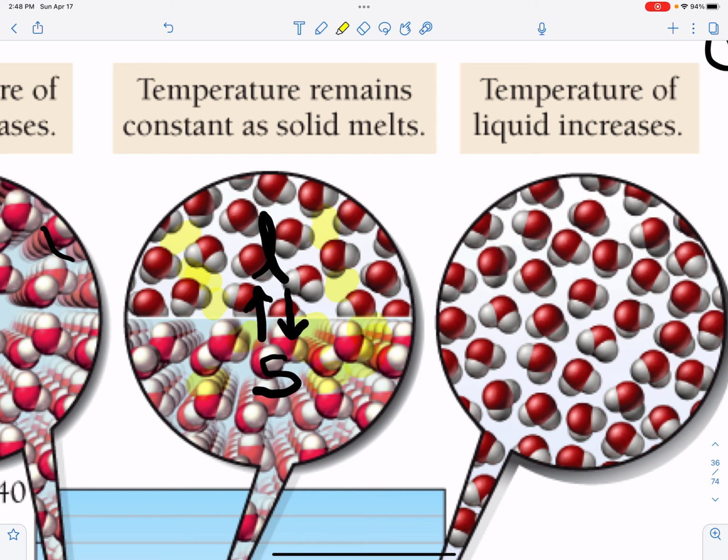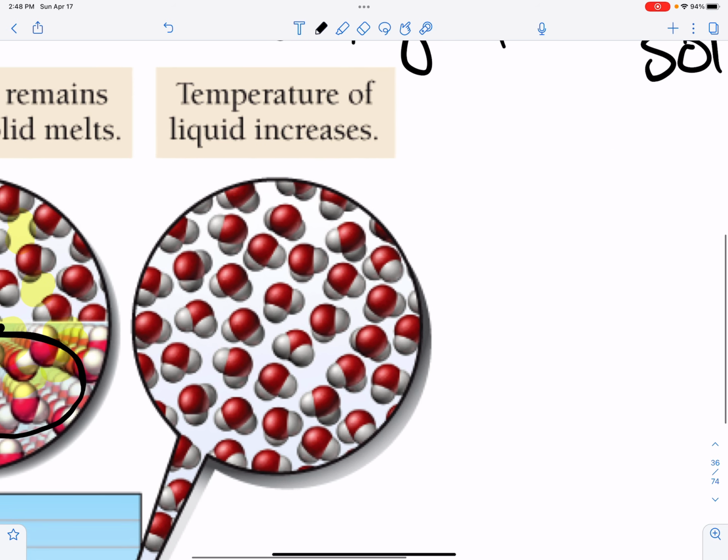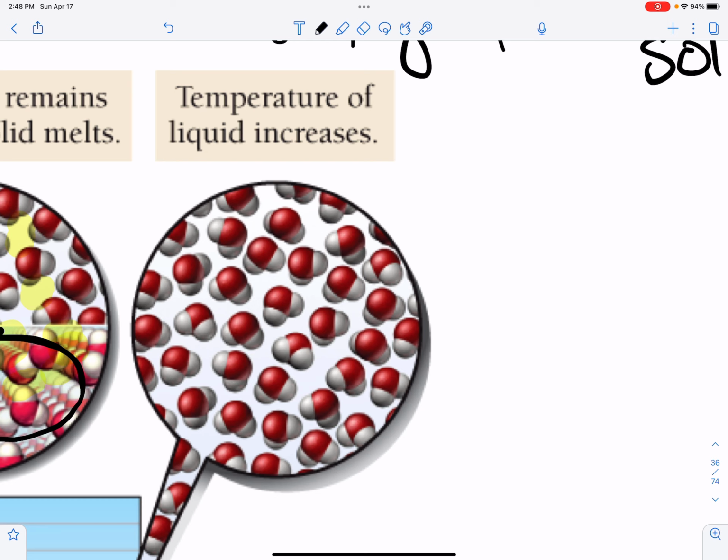Once you have enough energy for every single molecule on the solid phase to be moving faster, then all of them would be farther away from each other, not as far away as in a gas, but far away, so it becomes fluid, but they still feel intermolecular forces acting on them.